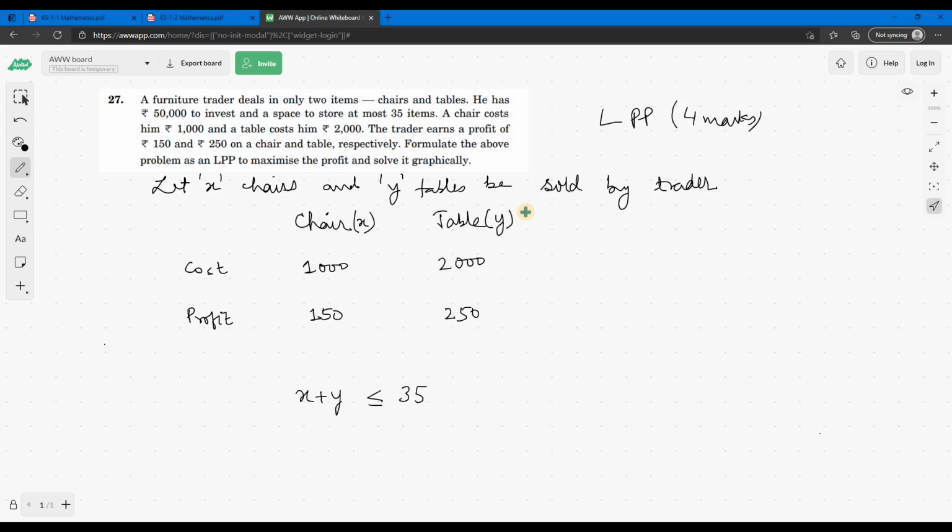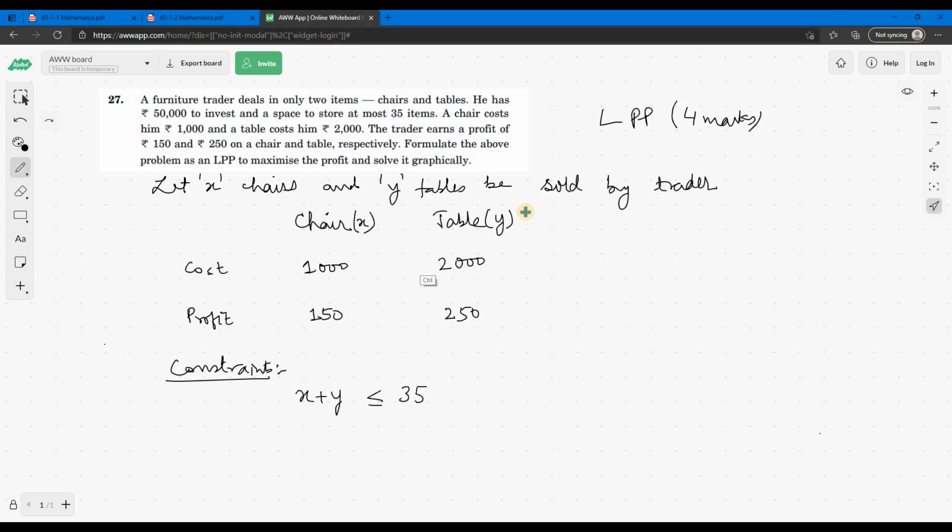The first constraint basically means those conditions on which the profit or the cost depends. These are the constraints in terms of this LPP. So X plus Y should be less than or equal to 35.